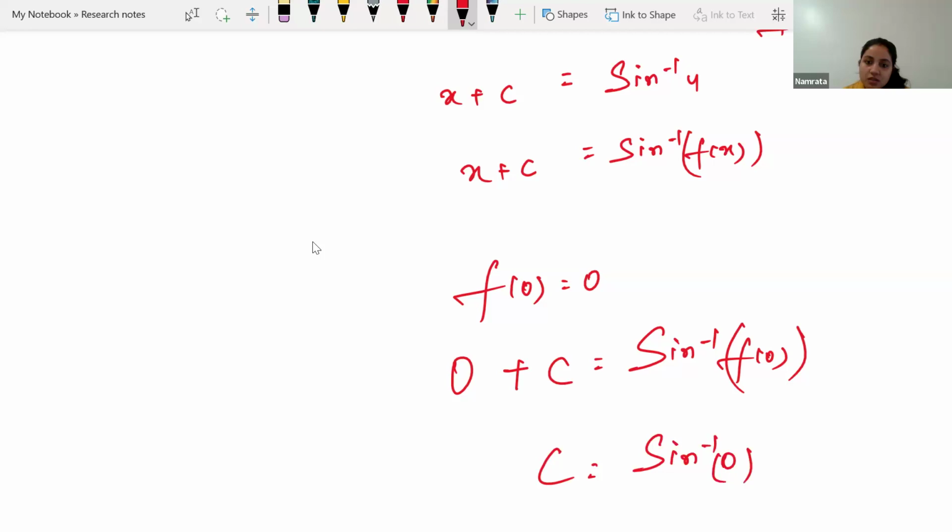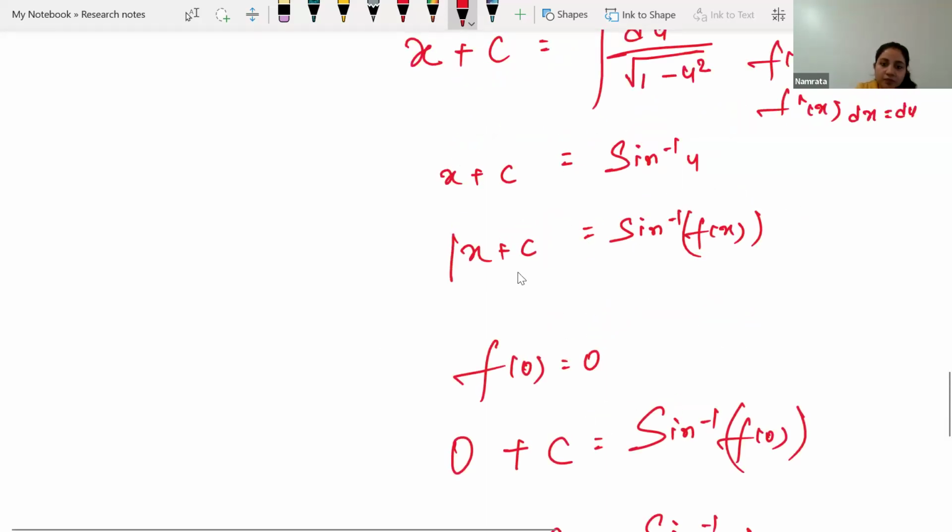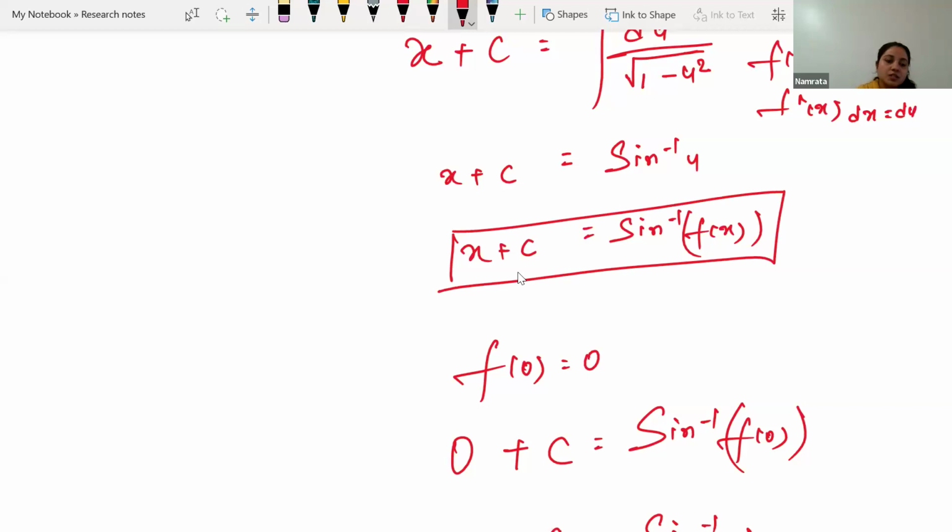Is it 0? Yes or no? Yes. So what are we getting? Here c is 0. So we are getting x equals to sine inverse f of x.